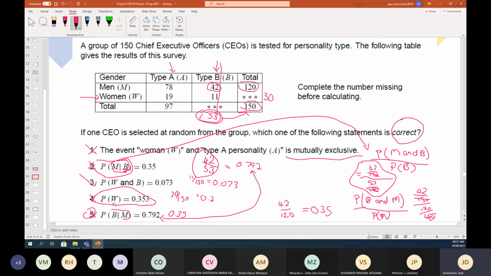Instead of the woman total of 30, they give you a probability of 0.353. And instead of 120, they give you a probability of something. So I just want to work this out for you.